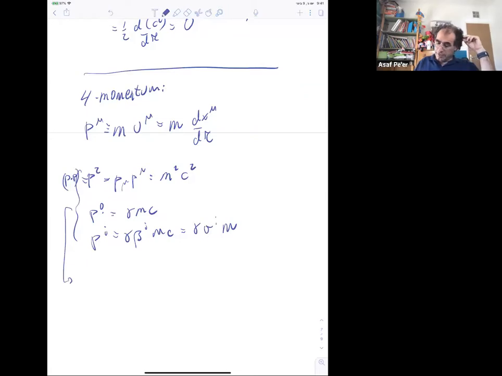Of course, p0 is just E over c. This is something which you'll show at home. And this is just (p_i squared plus m squared c squared) to the power 1/2, which you get from here right away.